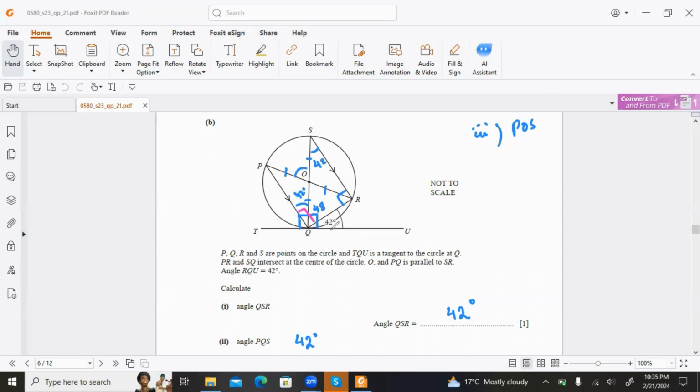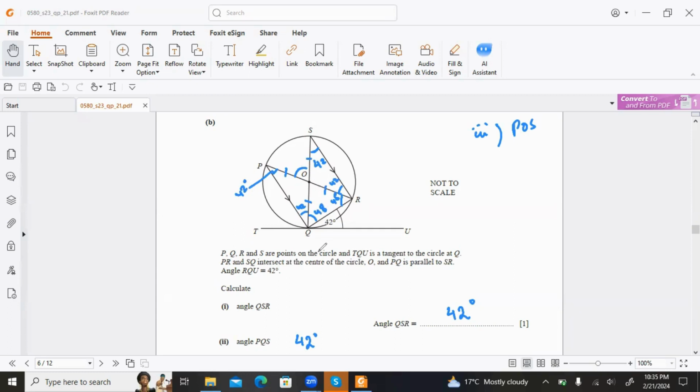I'm going to remove these extra things so it's slightly easier to understand. This is equal, this is equal, this is 48, this is 42. And this would also be 48. This would be 42. And this is also 42. So we have to figure out this angle.